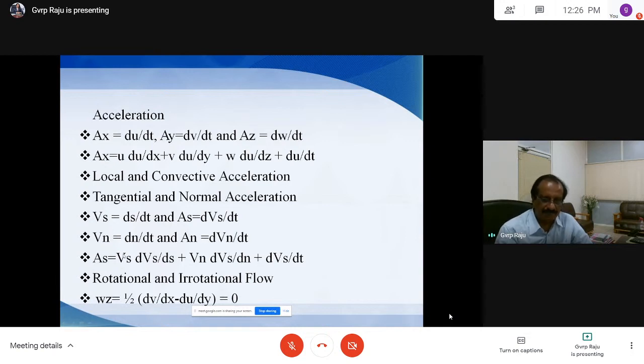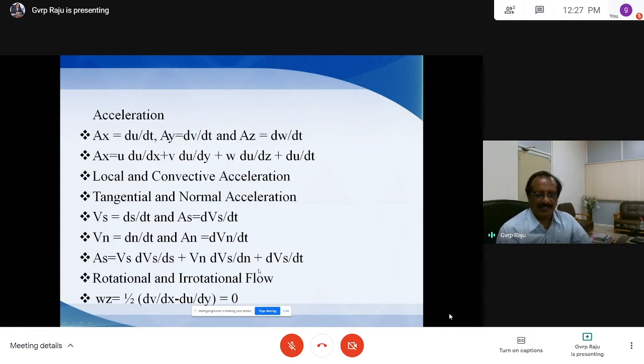So this is the example for convective acceleration, and dVs by dt is the example for local acceleration. This is 0 for steady flow, steady meaning with reference to time, and this is 0 for uniform flow. So convective acceleration is 0 for uniform flow, and local acceleration is 0 for steady flow.